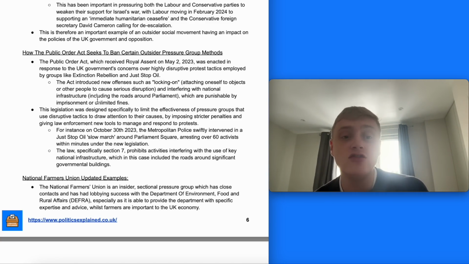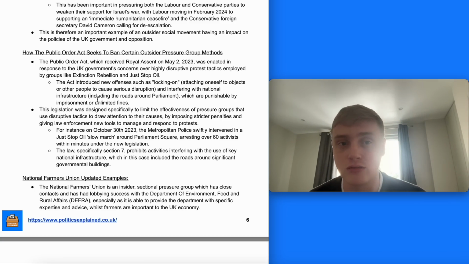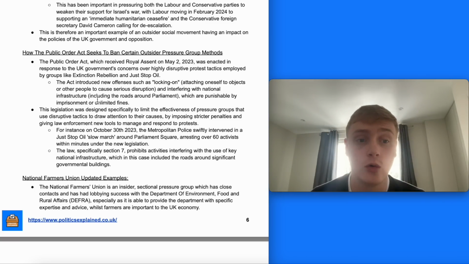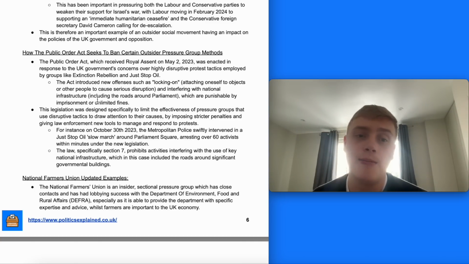But effectively it introduced new offences such as locking on, so attaching yourself to objects, and interfering with national infrastructure, so including the roads around Parliament and protesting around those, and made them punishable by imprisonment or unlimited fines. And it was specifically designed to limit the effectiveness of pressure groups that had used such tactics, specifically Just Stop Oil and Extinction Rebellion.